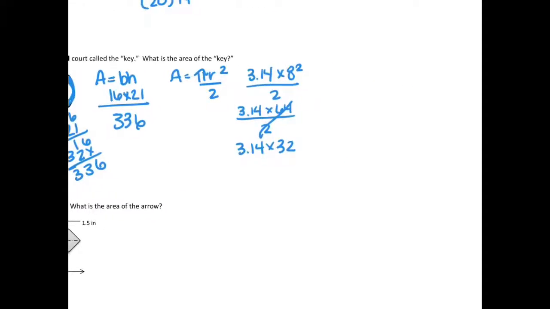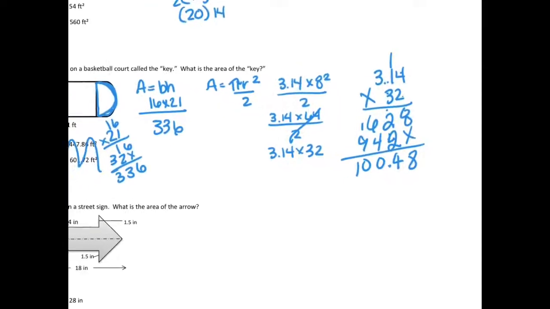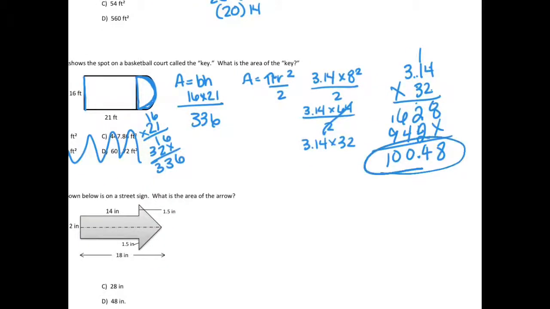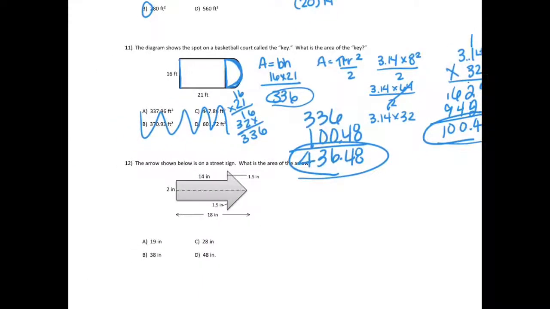So I'm going to multiply 3.14 times 32, and I got 100.48. So I'm already done with that. So I would add 100.48 and 336 and get 436.48. So that is our answer choice right there.